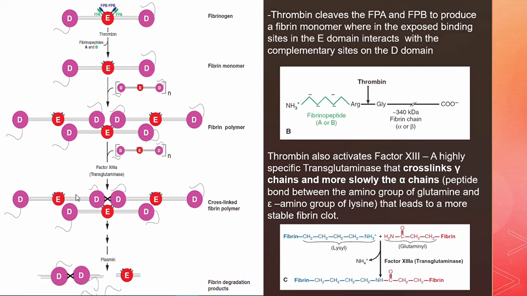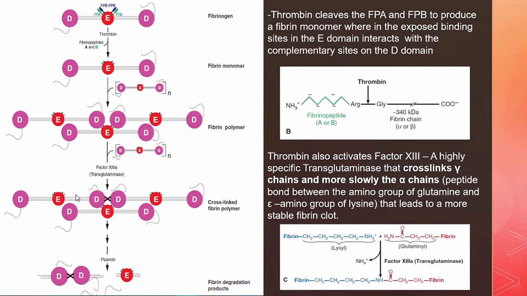Doc, unsa may buhaton ni factor 13 para maging stable ang duha nga fibrin? It would bind yung lysyl portion ng fibrin to the glutamyl portion of another fibrin and bind them, resulting in an ammonium byproduct. This process is called cross-linking.